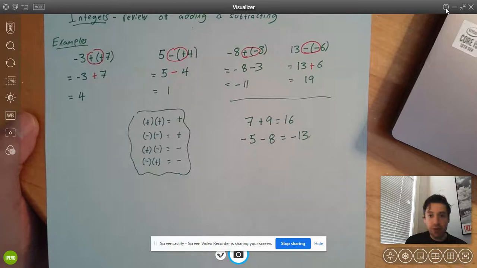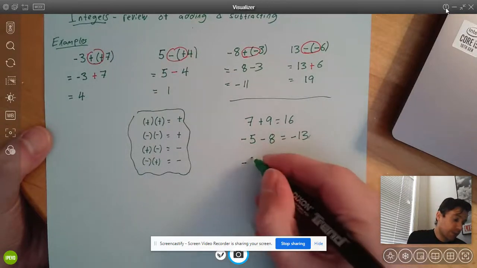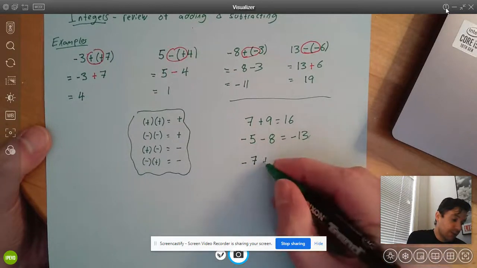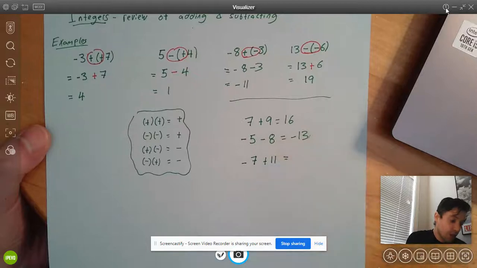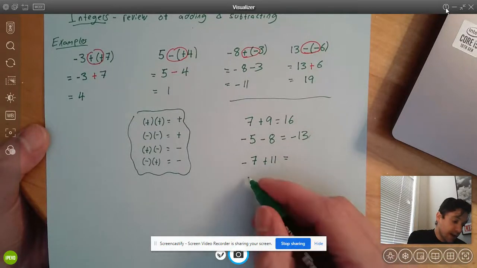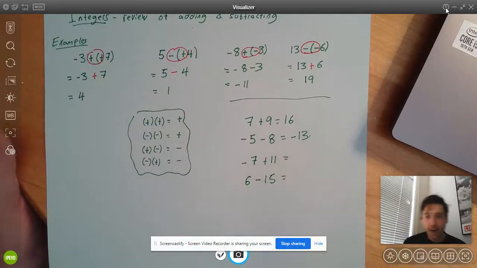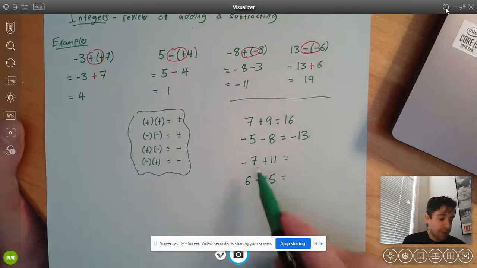What sometimes can trip students up or can send them running to a calculator or to a number line is what happens when I have, for example, -7 plus 11, or conversely, if I have 6 minus 15. So the way I like to think of these is the magnitude of the answer is going to be the difference between the two numbers.